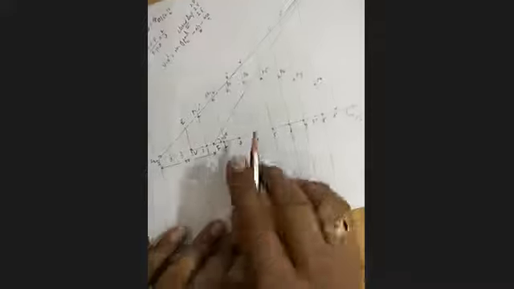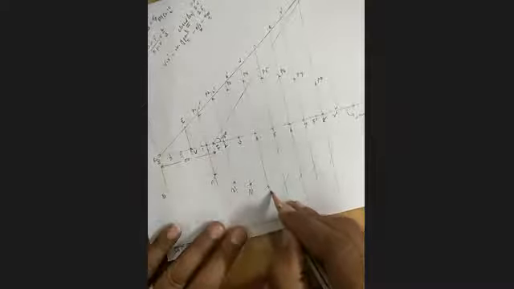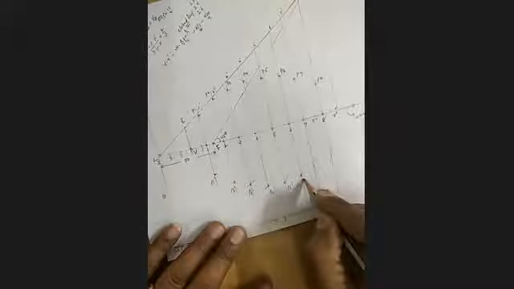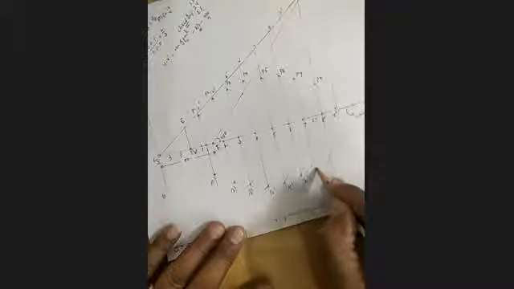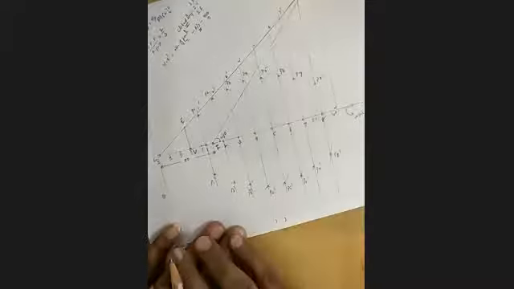Now you see, similarly its mirror image is down. P1 dash, P2 dash, P3 dash, P4 dash, P5 dash, P6 dash, P7 dash, P8 dash.